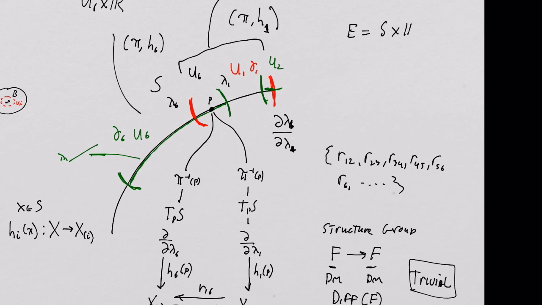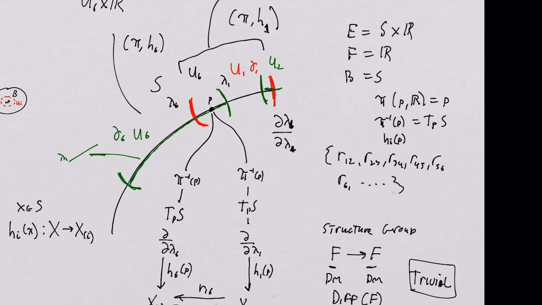It was S cross R. We had a fiber, which was R, and we had a base space, which was S. Our pi took a point in S and a point in R and just returned the point in S, and the inverse of the point in S was the tangent space at the point P in S. And then we defined all of the H_i, at all different points, to simply take a vector x and return its component in the ith chart.